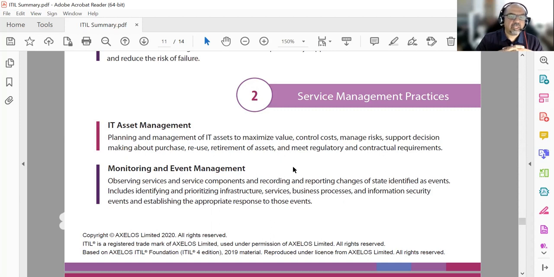So we use an asset management to maximize the value, control costs, manage risks, support decision-making about purchase, reuse, retirement of assets, and meet regulatory and contractual requirements. So asset management, anything with an invoice.